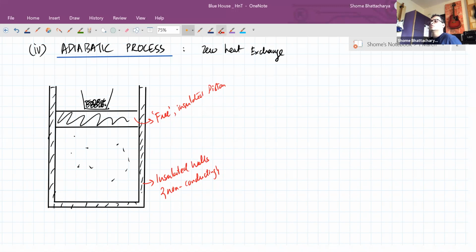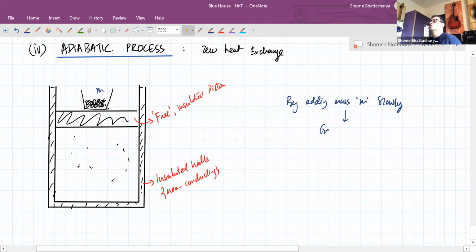Okay. So if we add mass by adding mass slowly, we can make the gas undergo an adiabatic compression.